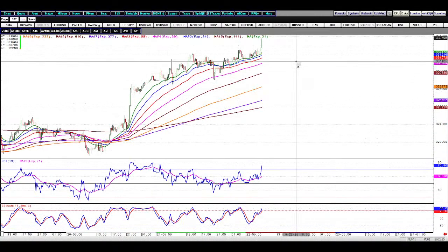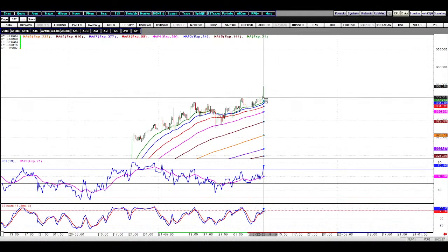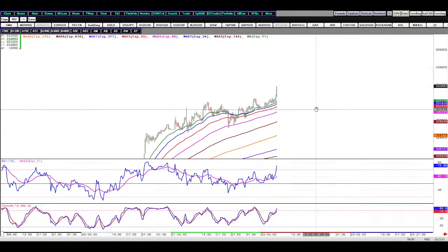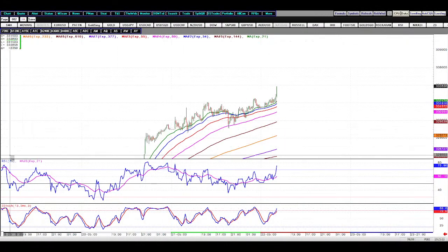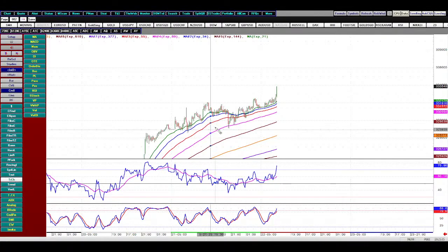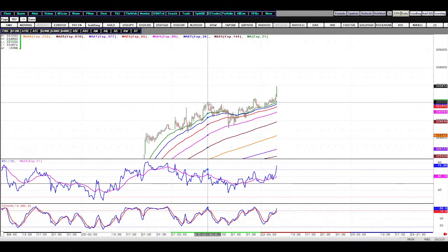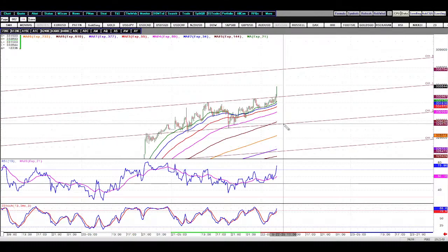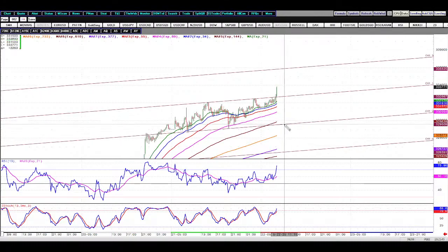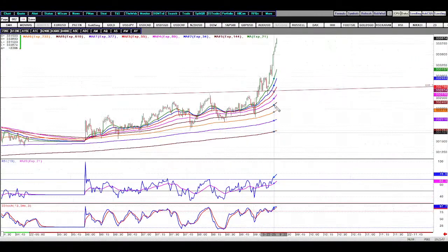So right now we can go for a cautious buy, with 47 and 57 as the targets.